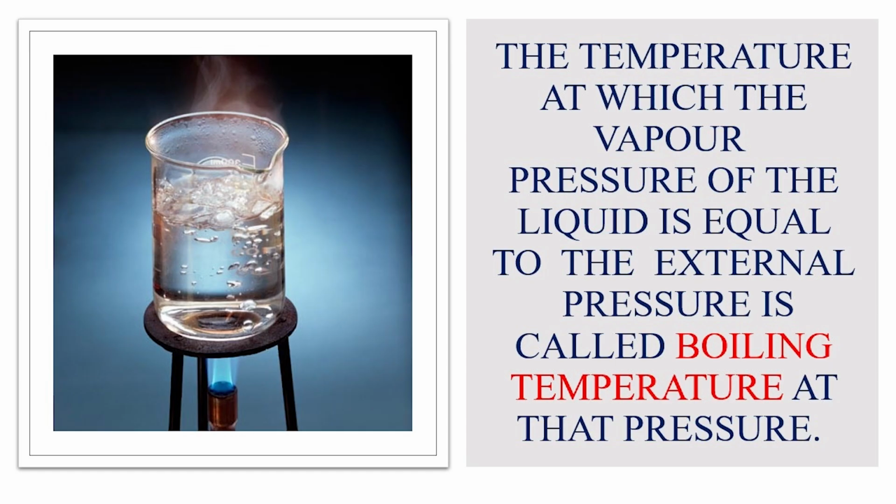The temperature at which the vapor pressure of a liquid is equal to the external pressure is called the boiling temperature or boiling point of the liquid at that pressure. So we understood that boiling point is related to atmospheric pressure.